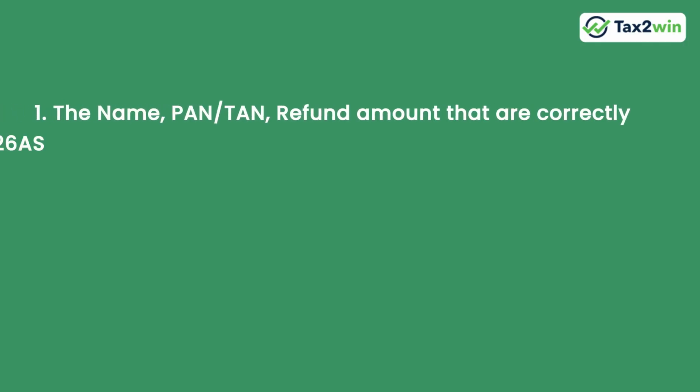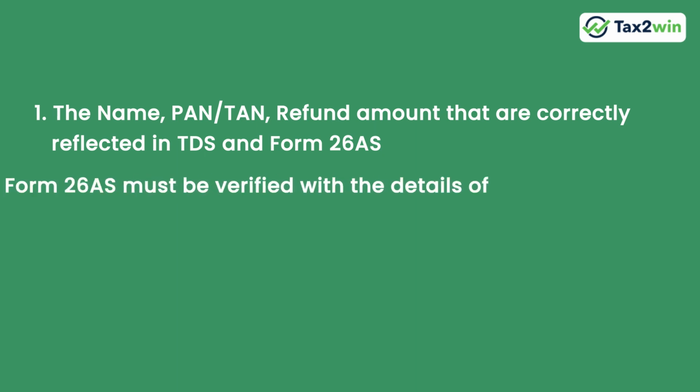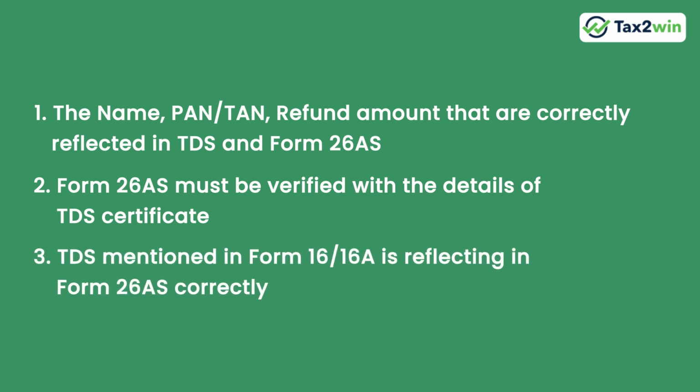Make sure the name, PAN number, TAN details and refund amount are correctly reflected in the TDS certificate and Form 26AS. Verify if the tax deducted at source, as shown in the TDS certificate, has been received by the government. Check if the TDS mentioned in Form 16 or 16A is reflecting in Form 26AS correctly. If these details are not shown correctly, you could be penalized by the Income Tax Department.